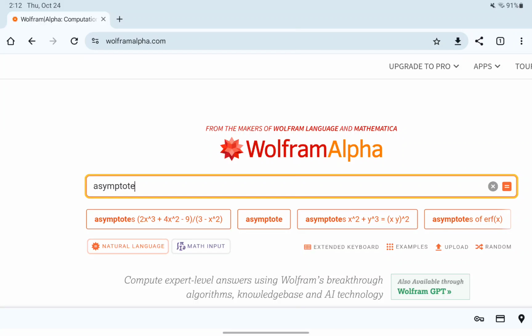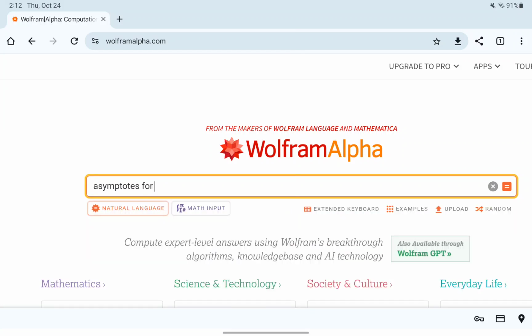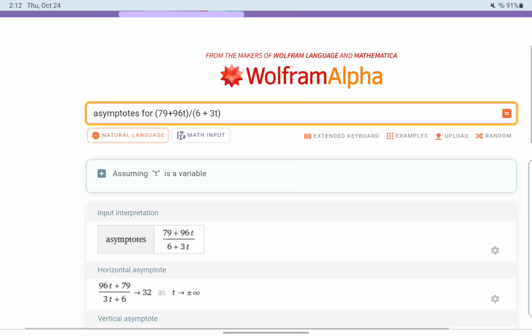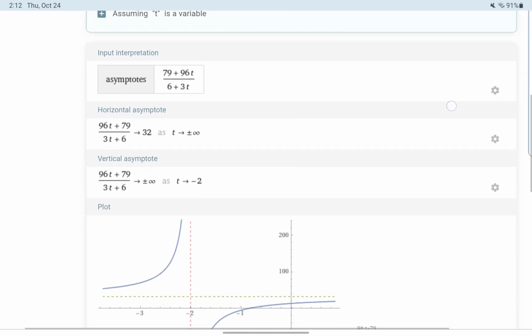To do that, we'll type in asymptotes for, and then we'll enter our function. The notation or the output that we're given here is a little bit reversed from what we're used to seeing.